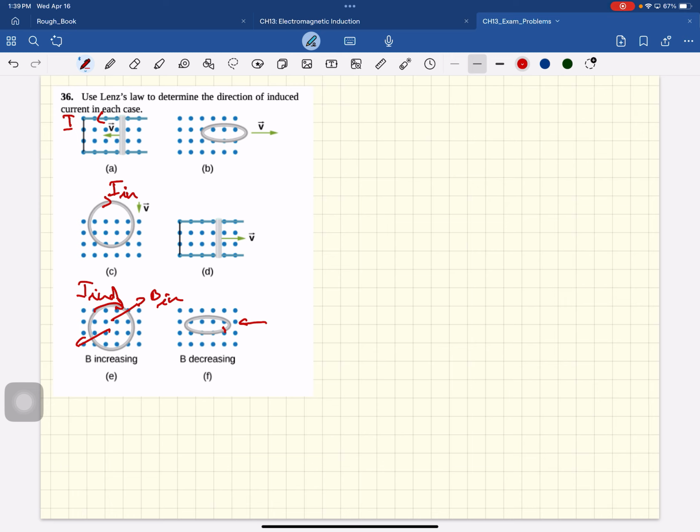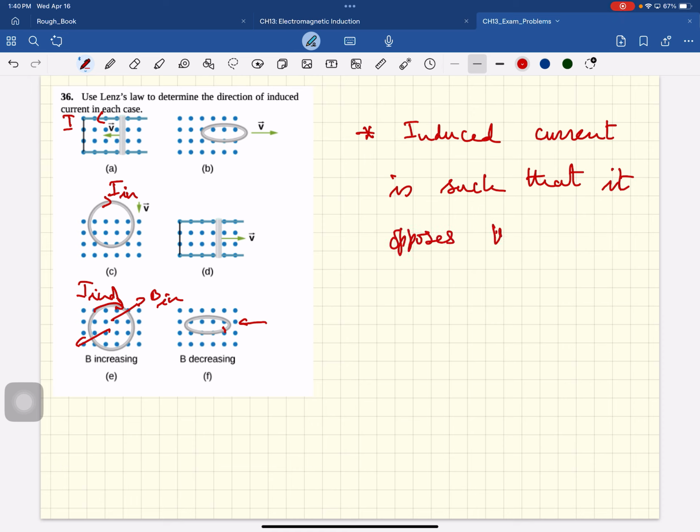So the key thing is, Lenz's law says, induced current is such that it opposes the change that is producing it.